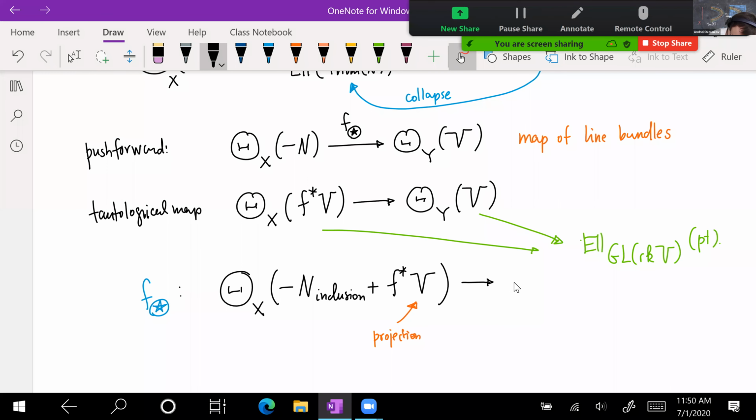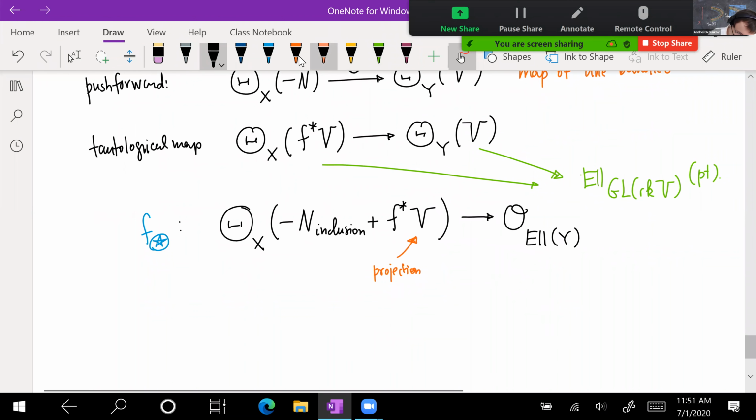And this goes to the elliptic homology of Y. These two things together are called minus the normal bundle to the map.